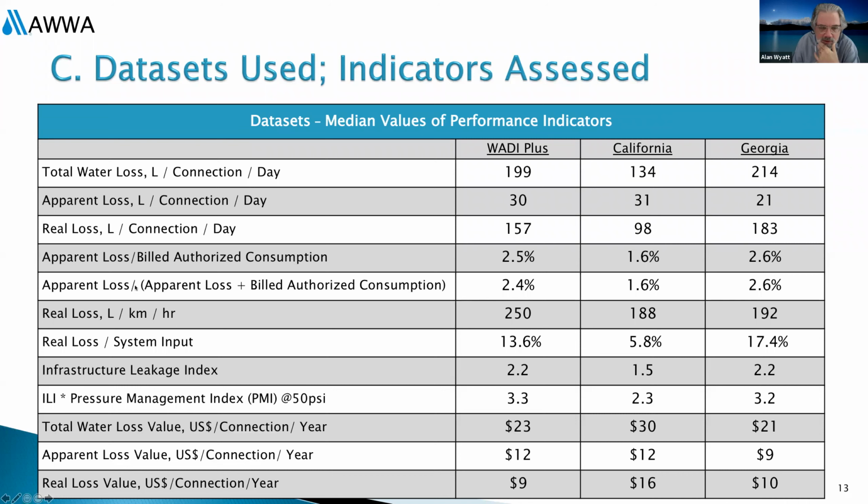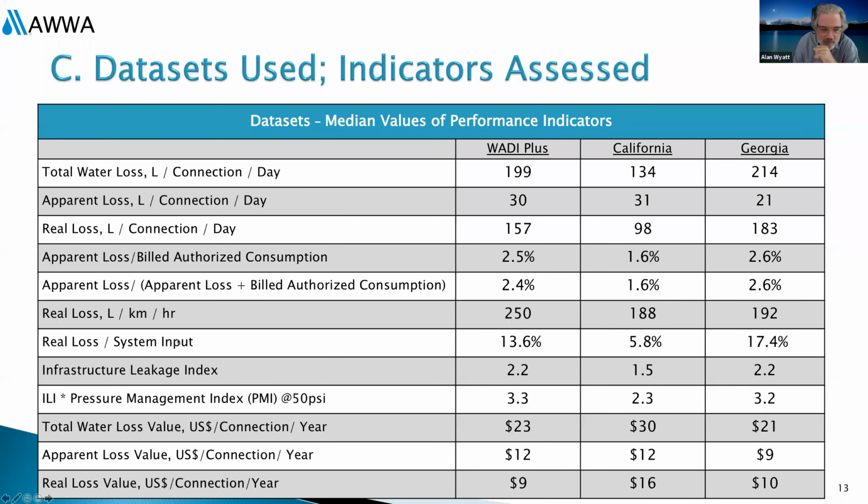We have apparent loss as a ratio of apparent loss plus billed authorized consumption, which Dave pointed out in his definitions document would be a good way to develop this percentage indicator because it mirrors the meter test formulation, or the algebra of meter test formulation.